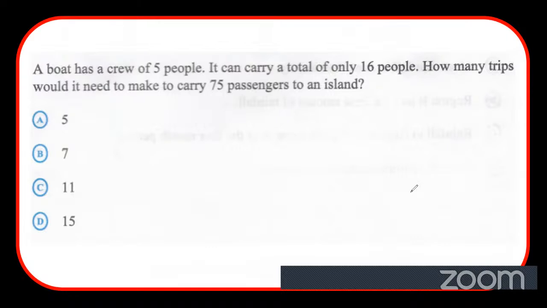Anaya Cox says 16 take away 5 equal 11. 75 take away 11 equals 6 remains 9. Then you add one more trip to get 7 trips.